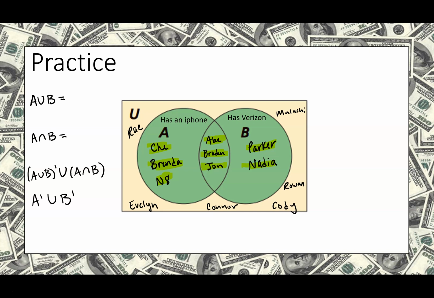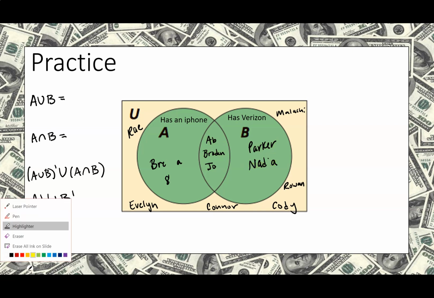Remember, union stands for putting everything together that's in A and in B. Oh no. I got too fancy, you guys. All right. Just when I thought I was an expert, this was Che, Brenda, Nate, John, and I think that was it. All right. So we've got that one done.